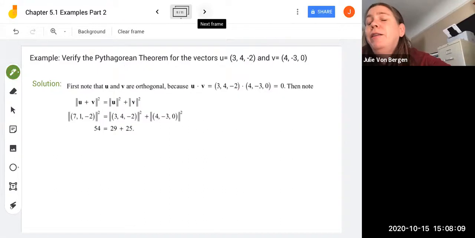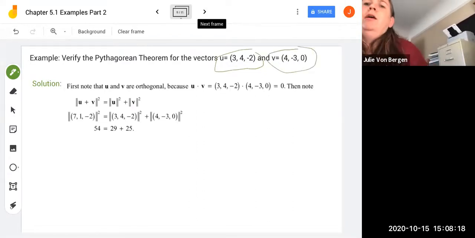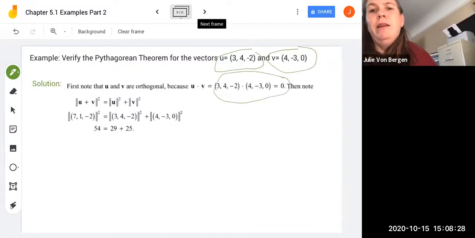Okay, so let's verify this Pythagorean theorem for the vectors u is 3, 4, -2, and v is 4, -3, 0. So you first have to check that they're orthogonal. So double check your dot product u dot v, and you're going to get 0. Then we can note that for the norm of u plus v, if we add them up, u1 plus v1 is 7, u2 plus v2 is going to be a positive 1, and u3 plus v3 is going to give us a -2.